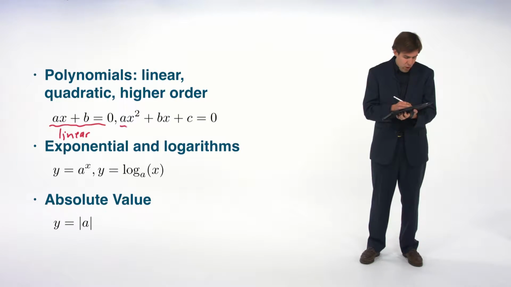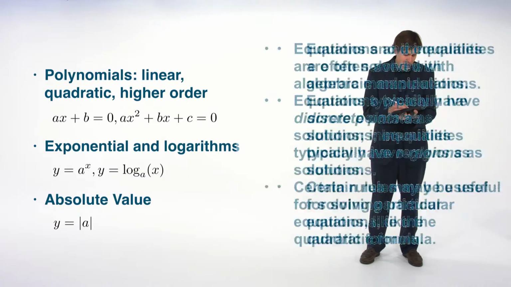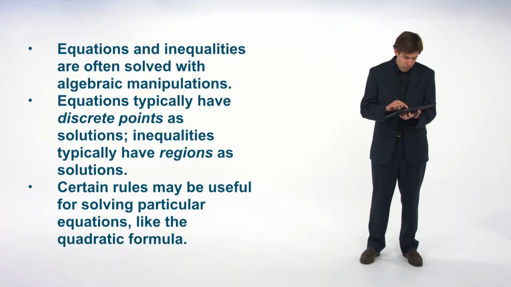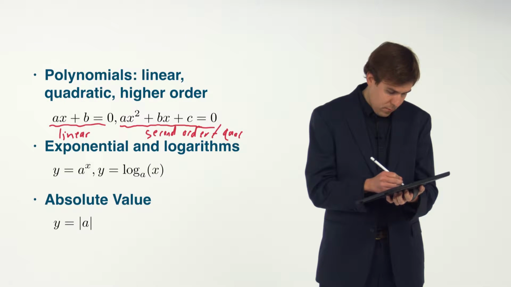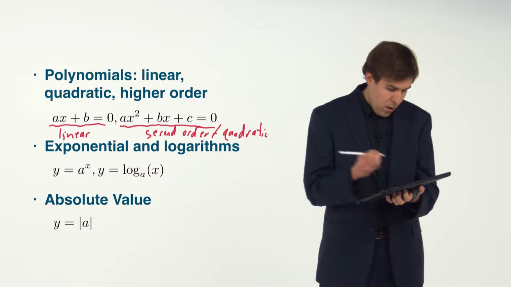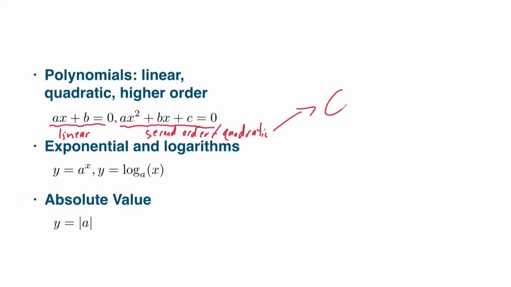And then we'll also talk, and actually more at length, about second order polynomials, also called quadratic. And there's an important formula for this that we'll go over called the quadratic formula, or QF for short. We'll then move on to exponential and logarithmic formulas.